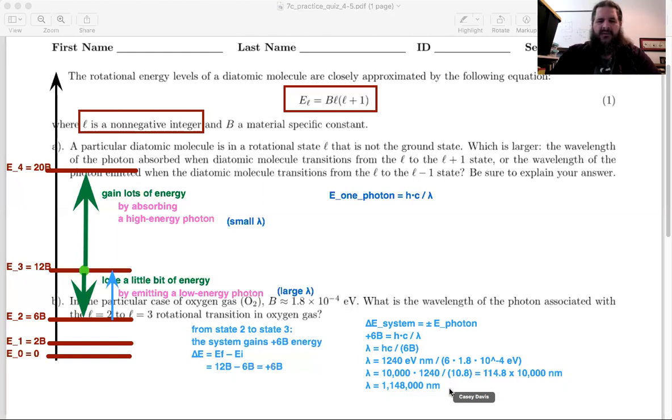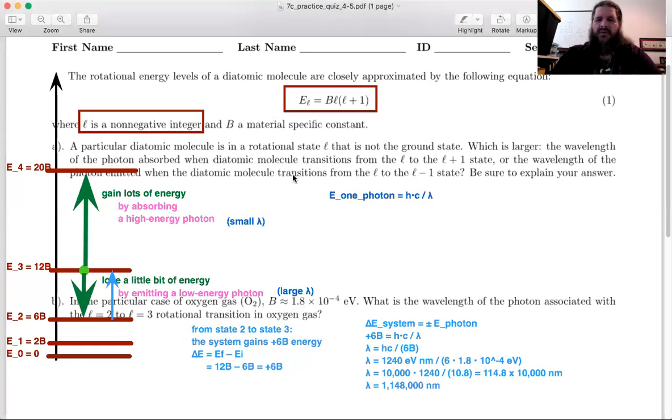This is going to be some sort of longer wavelength. And longer wavelength means a much lower energy per photon. And I think that corresponds to the idea that 10 to the negative 4 electron volts is an extremely small amount of energy.